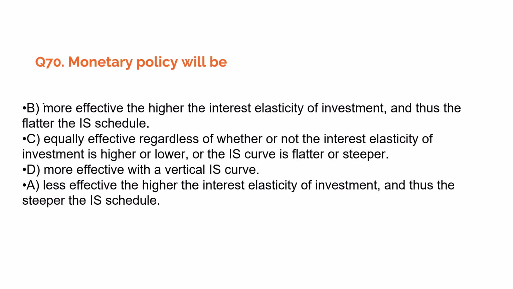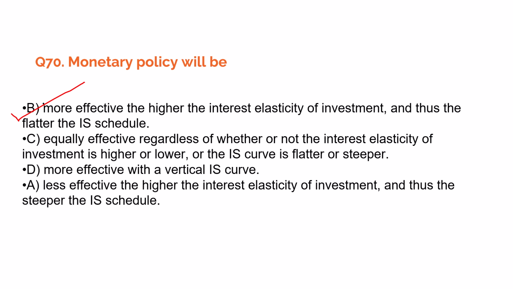70th question. Monetary policy will be more effective the higher the interest elasticity of investment and thus the flatter the IS schedule. The interest elasticity of investment measures how much investment spending changes in response to a change in interest rate.